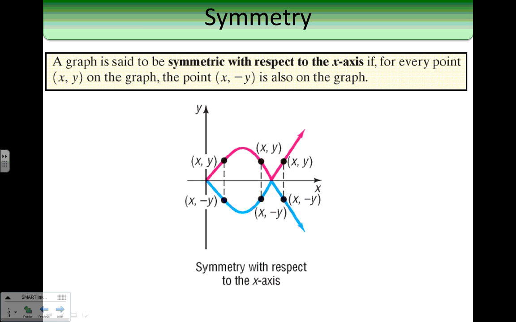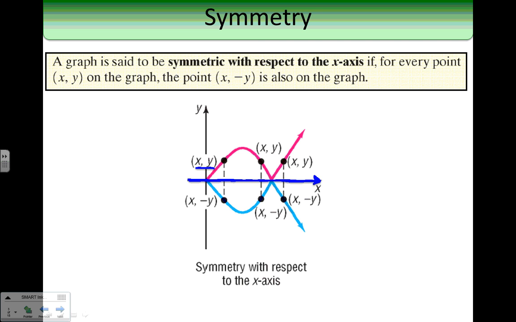So we have this graph here that is symmetrical with respect to the x-axis. Basically, what that means is your x-axis is the reflection point, kind of like a mirror, and the graph is reflected, symmetrical about that x-axis. As you can see, here is a point (x, y).